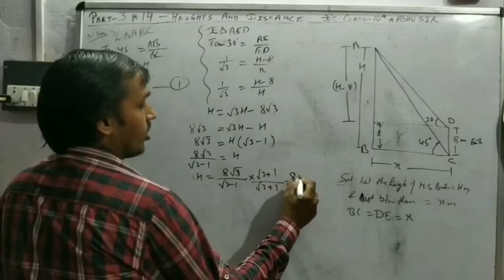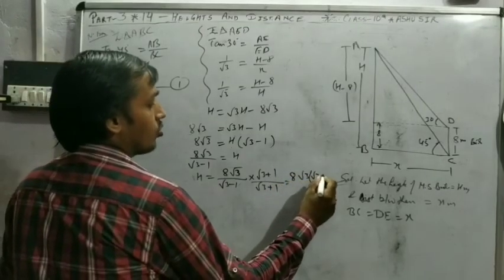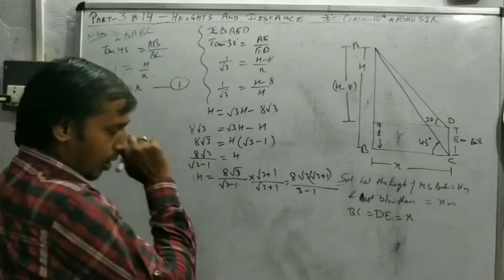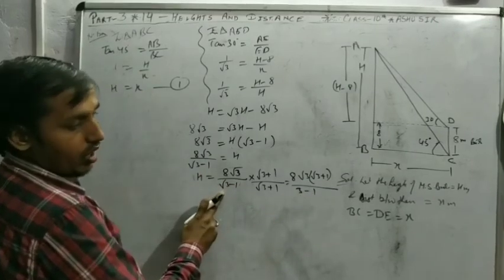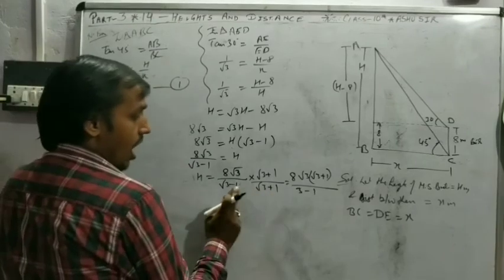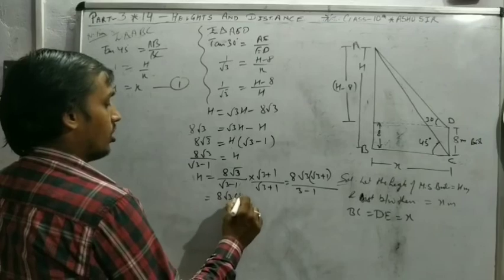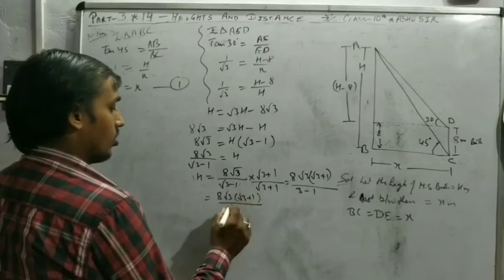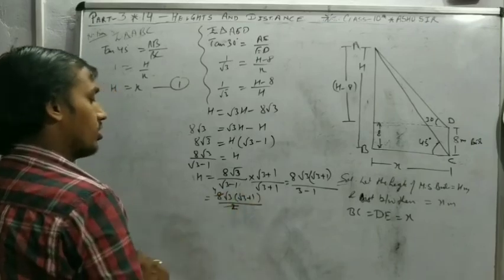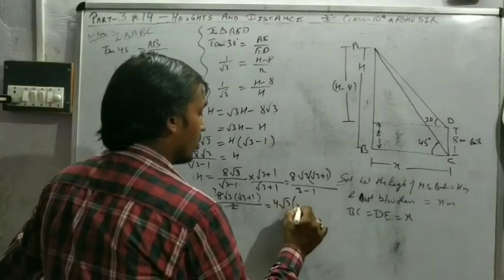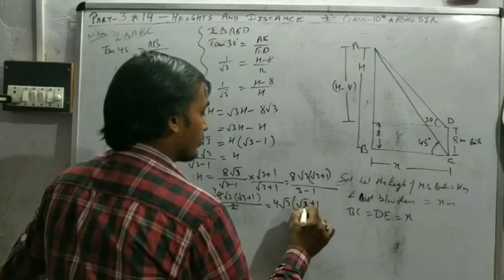So what you get is 8 root 3 plus 1 upon a minus b, a plus b, a square minus b square. Root 3 square is 3 and 1 square is 1. So you get 8 root 3 plus 1 upon 2. 2 fours are 8, so either you leave your answer as 4 root 3 plus 1.